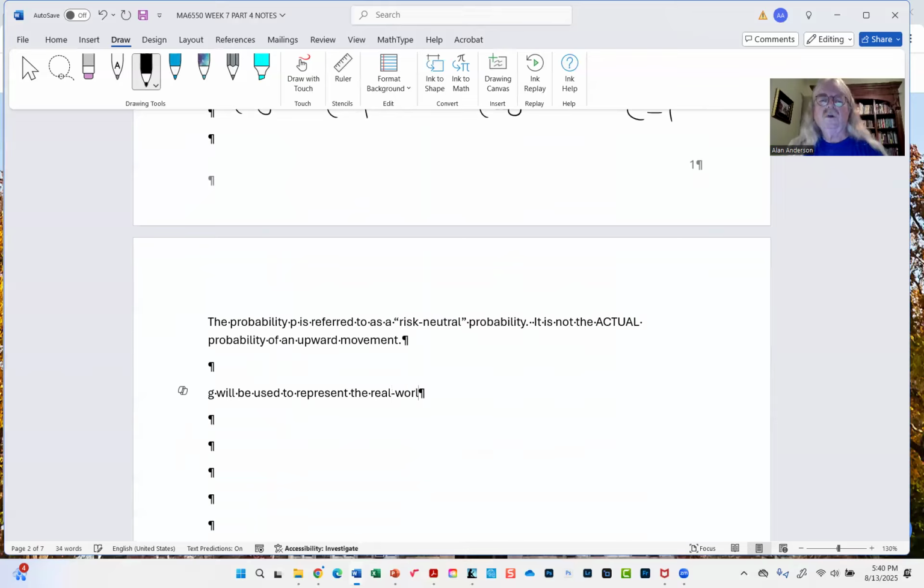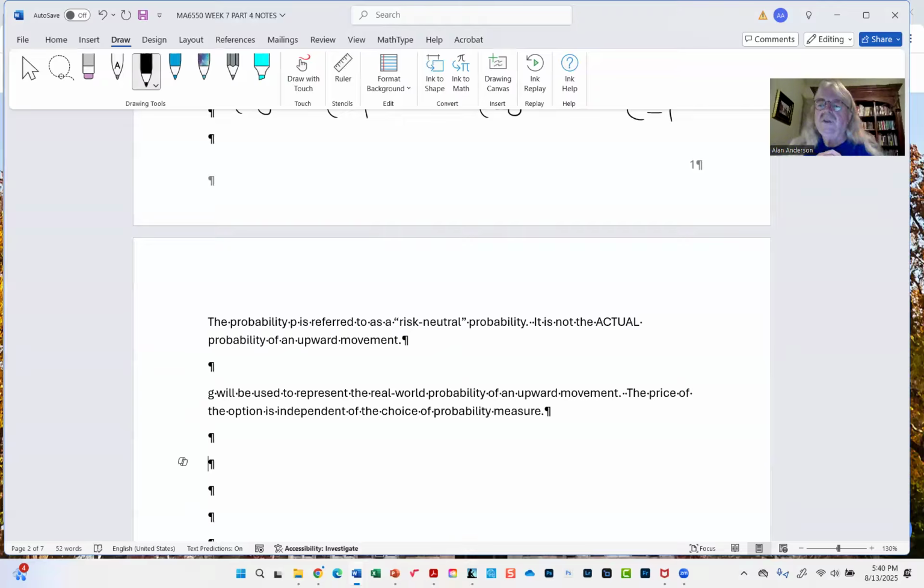We'll call it the real world probability of an upward movement. The price of the option is independent of the choice of probability measure.